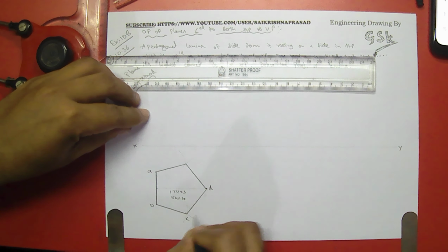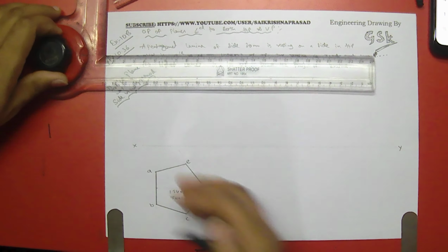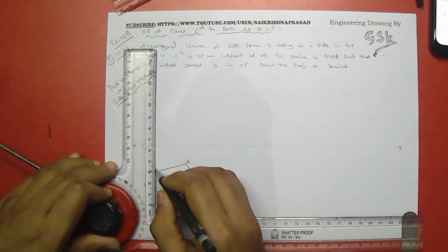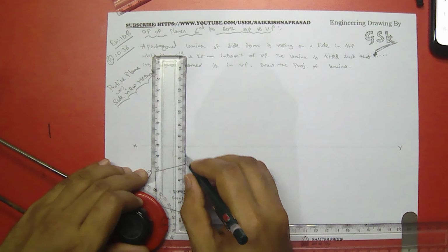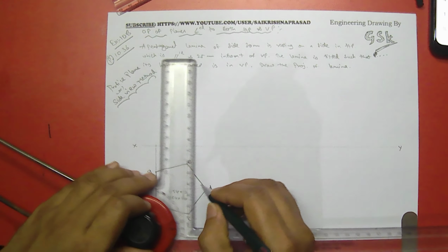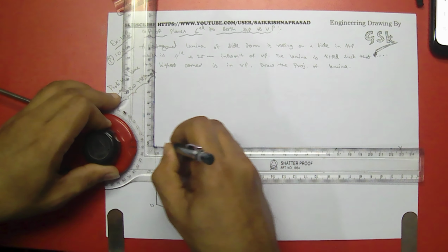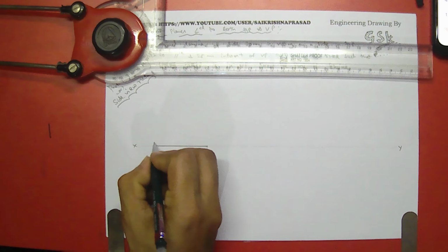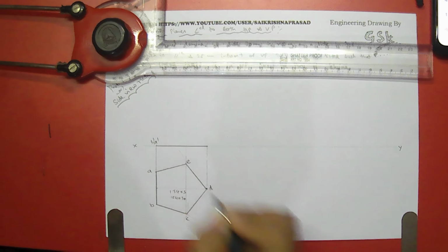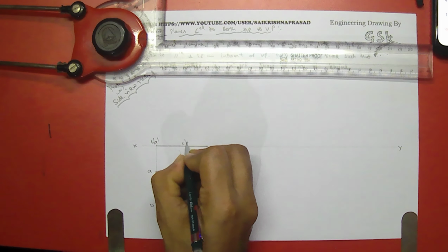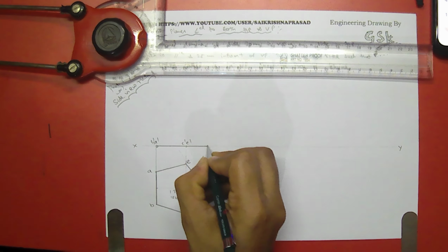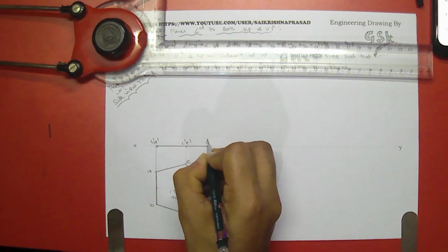A, B, C, D, E. Let me draw the front view of this one, falling over here because it is an edge resting figure. So this is B dash, A dash, C dash, E dash, and this point would be D dash.